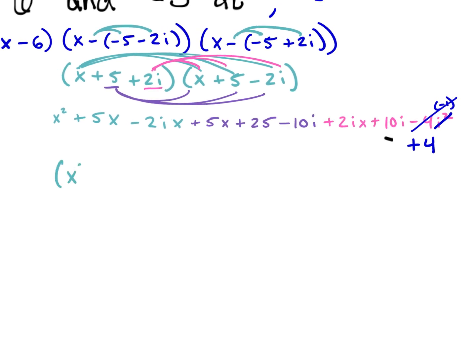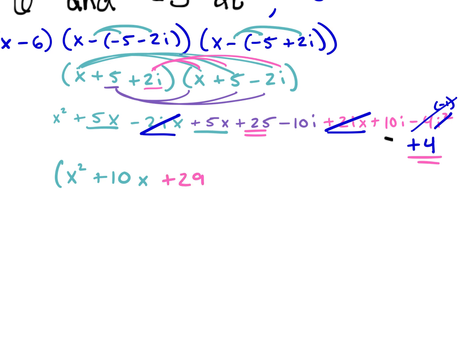So starting with the x squared, 5x plus 5x is 10x. Then we have minus 2ix and plus 2ix. What happens to those? They cancel. The whole thing goes away. Then we have 25 plus 4, so plus 29.